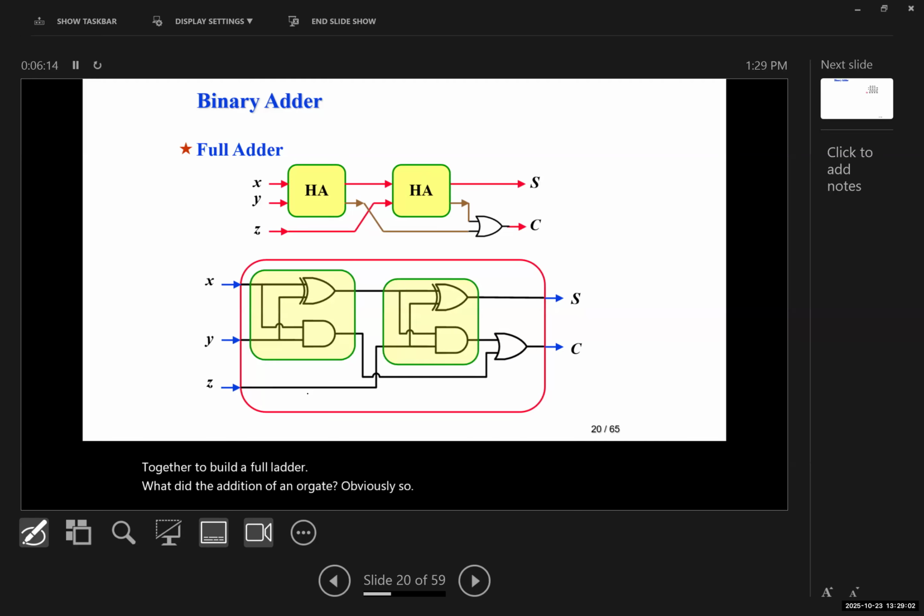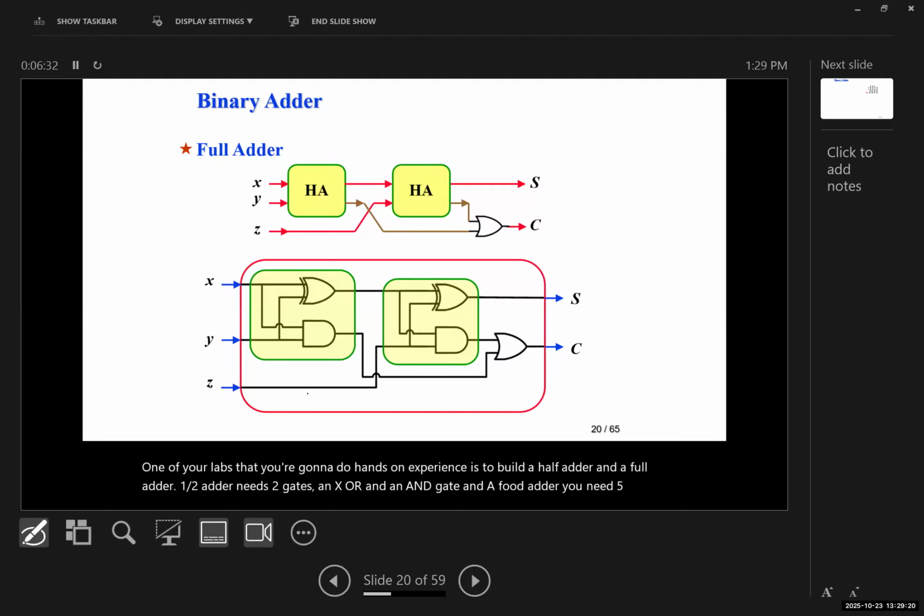And this is how it's going to look like. This is one of your labs that you're going to do for hands-on experience, to build a half adder and a full adder. A half adder needs 2 gates, an XOR and an AND gate, and a full adder you need 5 gates, 2 XOR, 2 AND gates, and an OR gate.